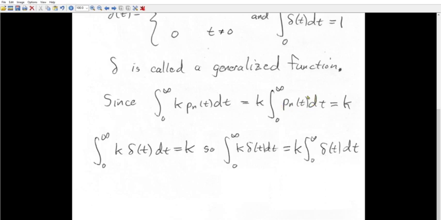This integral is 1, so the whole mess is k. Since delta is the limit of this, the integral of k delta of t dt is also k, which means that if you have a constant times delta of t in the integral, the constant just factors out.